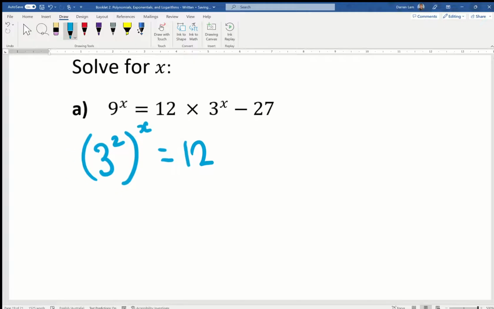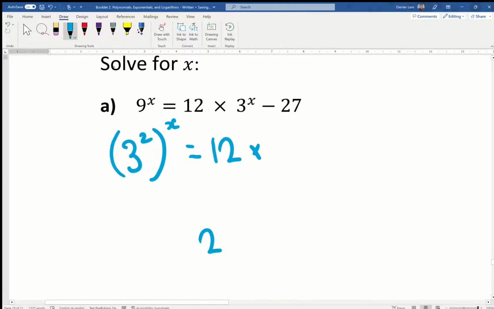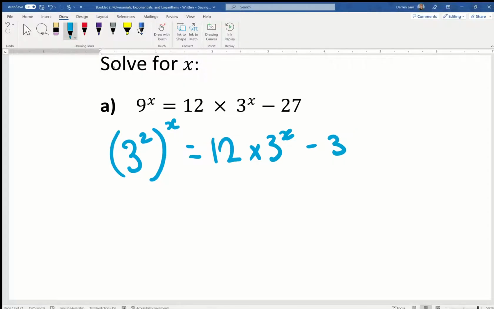I'm going to zoom in a bit, actually. Times 3 to the power of x, minus 3 to the power of 3. Moving everything to one side, and hopefully you might be able to see a pattern of what I might do in the future now. I'm going to write 3 to the power of x, squared.